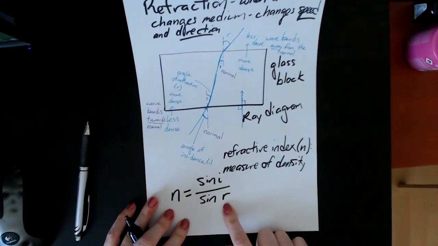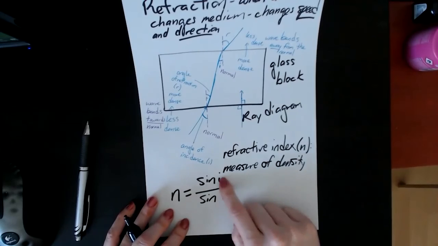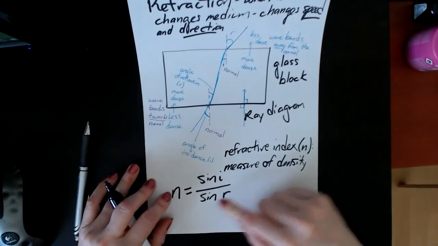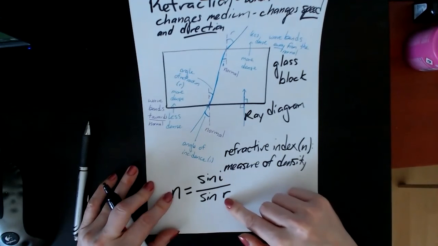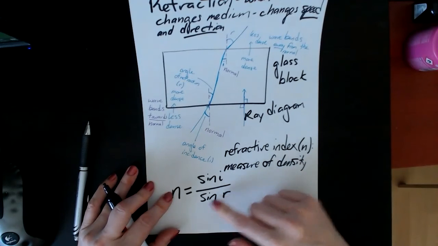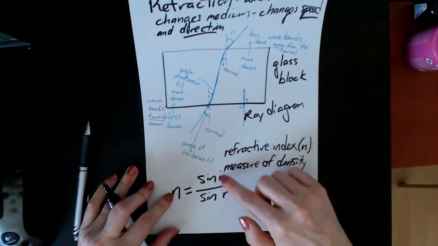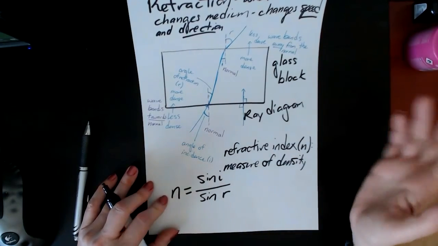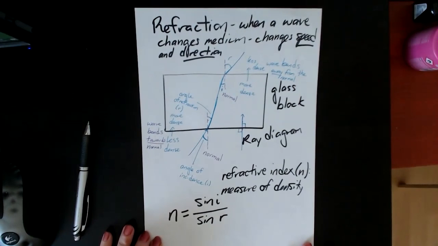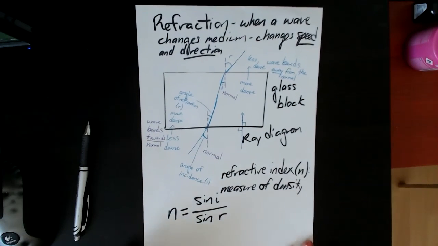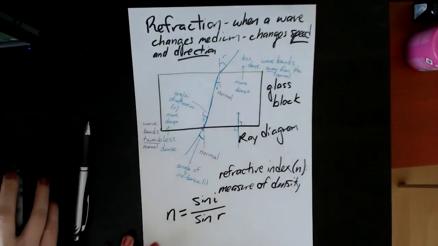This is your equation that you need to know. They could give you any two of these values. They could give you the refractive index of, say, glass plus the angle of incidence and ask you to find the angle of refraction. Or they could give you the two angles and ask you to determine the refractive index. So that is refraction, and that's the equation that you need for it.